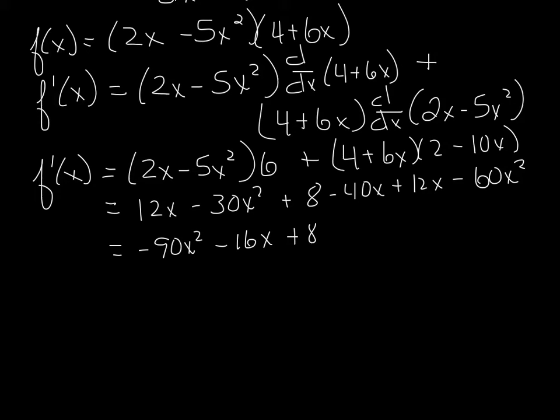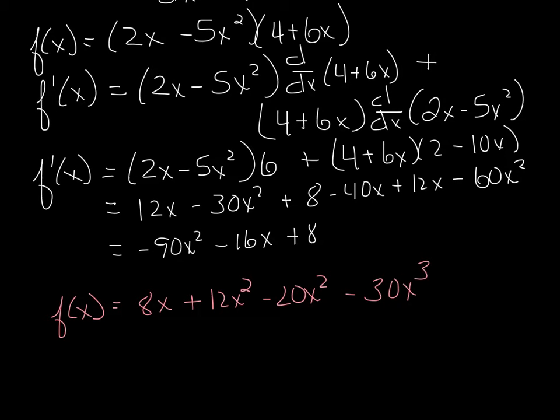Obviously, we could have just multiplied that out, and we would get 8x plus 12x squared minus 20x squared minus 30x cubed. And if we take the derivative, we get 8 plus 24, excuse me, let me erase that.